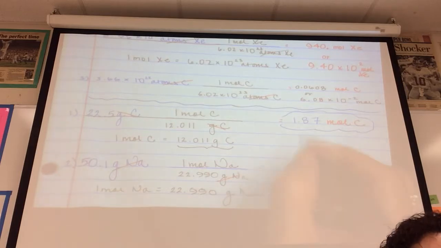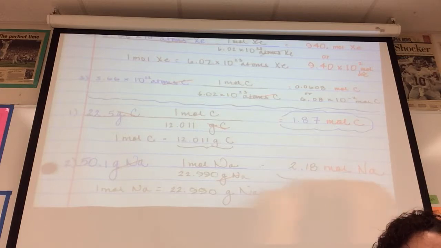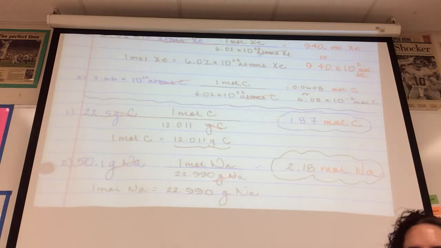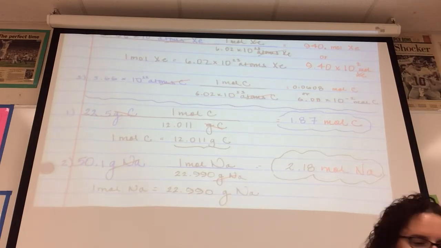And that's going to be 2.18. 3 sig figs. Easy peasy. Let's do one more together. I'll let you try one, and then I'll show you one of the double fraction, and you'll be ready to practice.